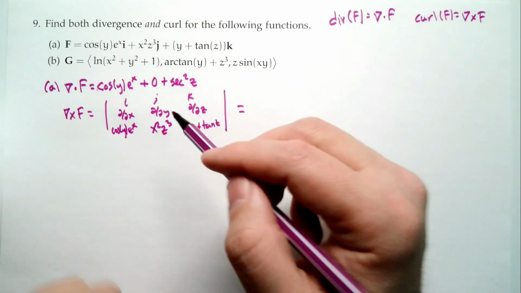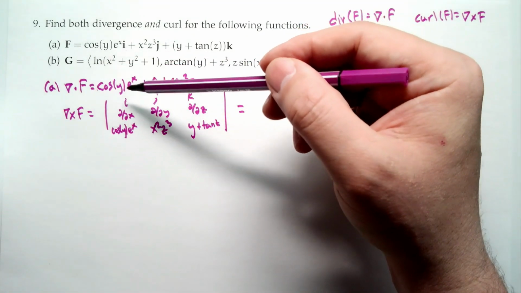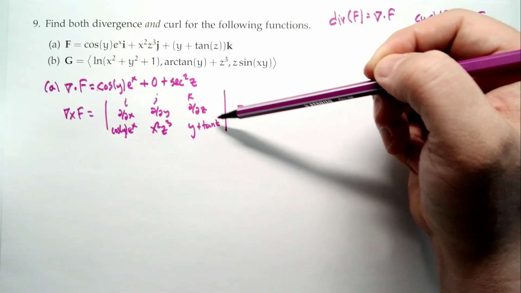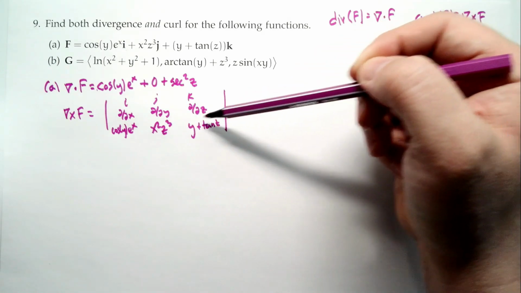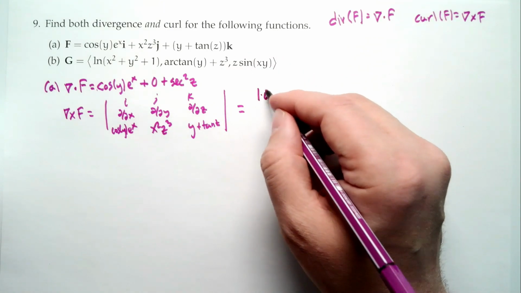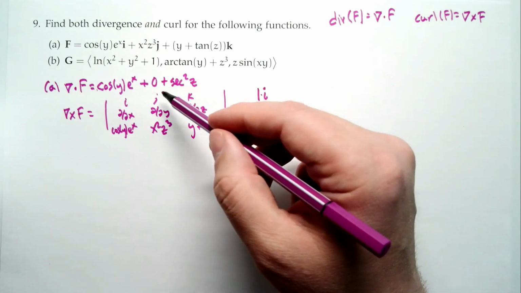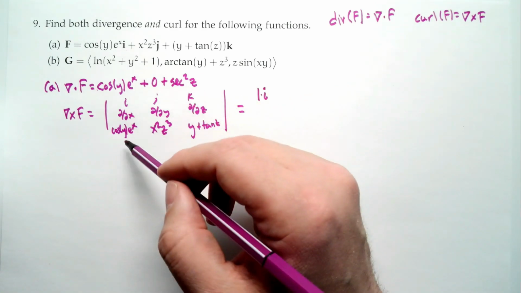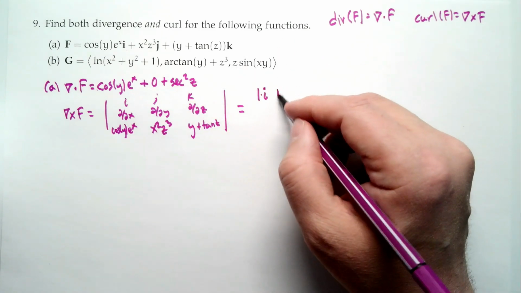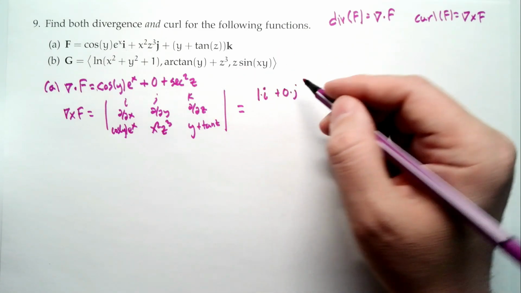So now just be careful and work it out. For i, partial y of y plus tangent z. I'm taking the derivative of the last piece with respect to y. That gives me 1, and that's in the i direction, so 1i. For j, partial z of cosine y e to the x. Well, there's nothing there because there's no z, so that's 0, 0j.